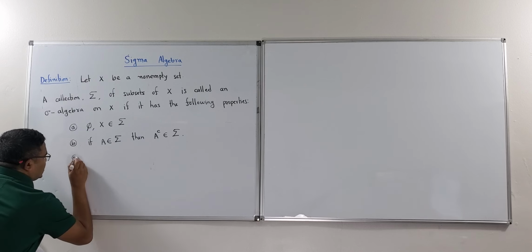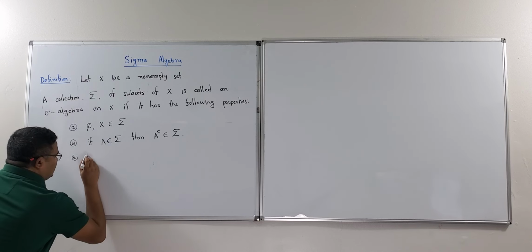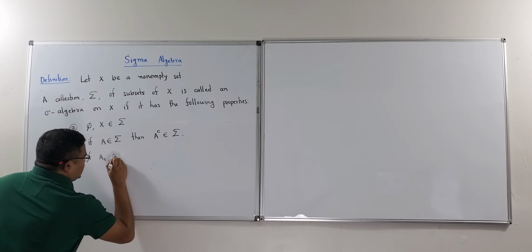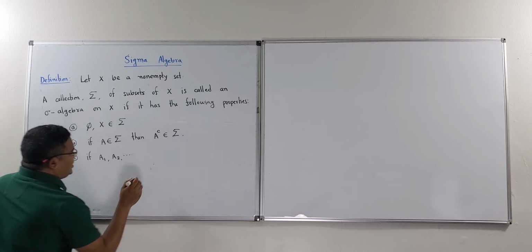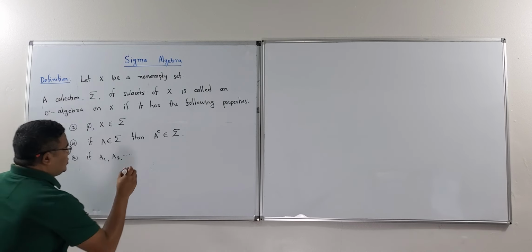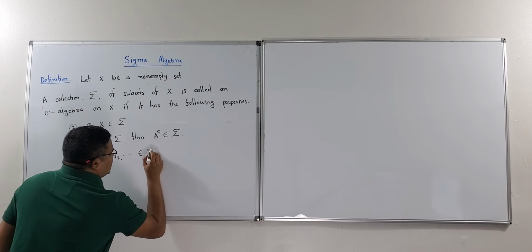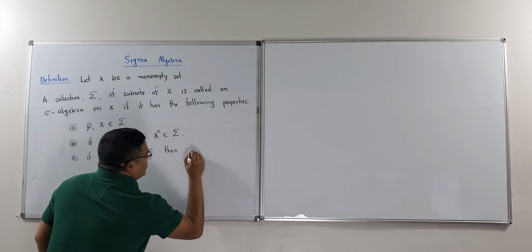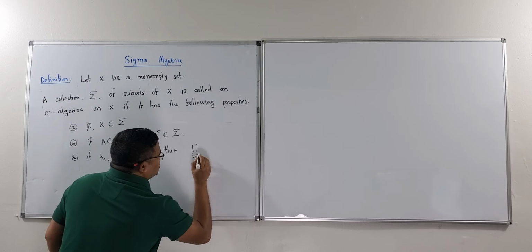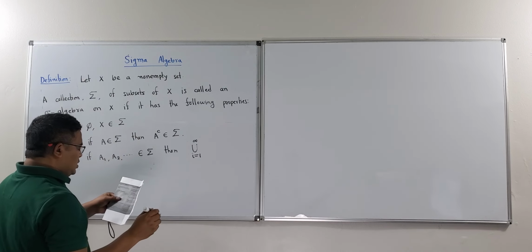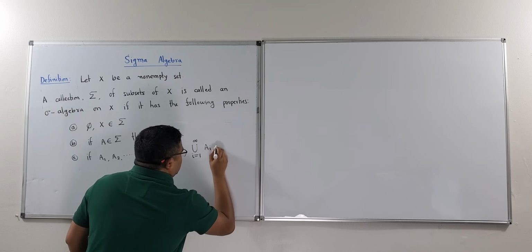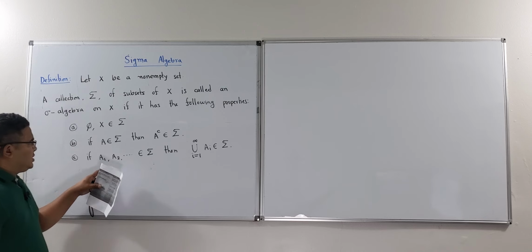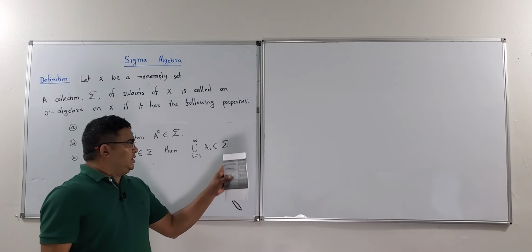And the third property is that if A1, A2, and so on are infinitely many subsets which are in sigma, then their union, i equals 1 to infinity of A_i, would also be in sigma. So if there is an infinite collection of subsets, then their union would also be in sigma.